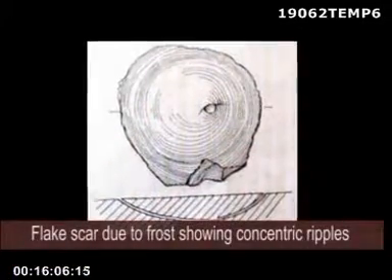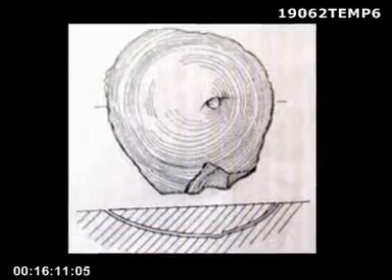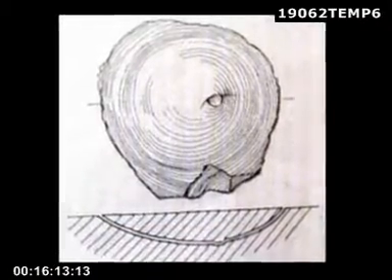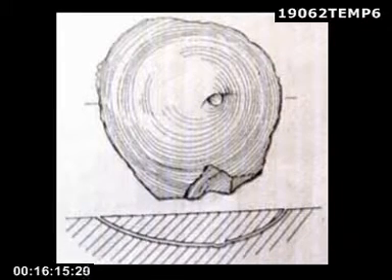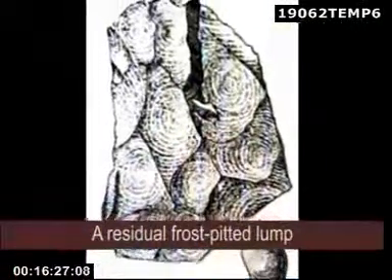A flake or flake scar due to frost or other thermal fracture is easily recognized, for the surface of fracture has either a rough blank appearance or shows ripples concentric about a central point. Unquote. Flakes round in outline are produced by frost action, and the residual frost-bitten lump of appropriate shape is easily mistaken as an implement.